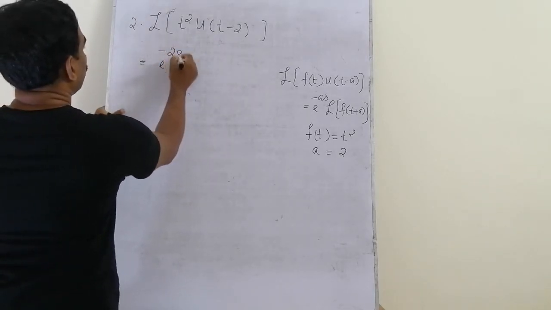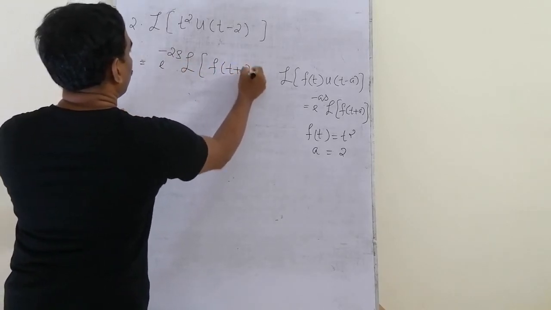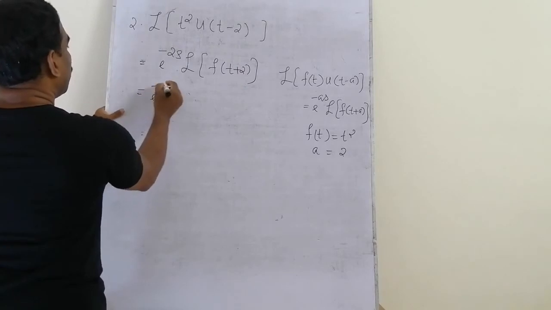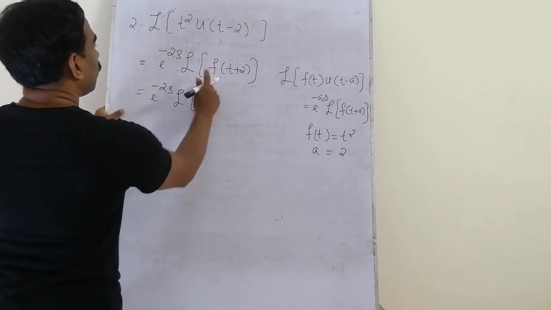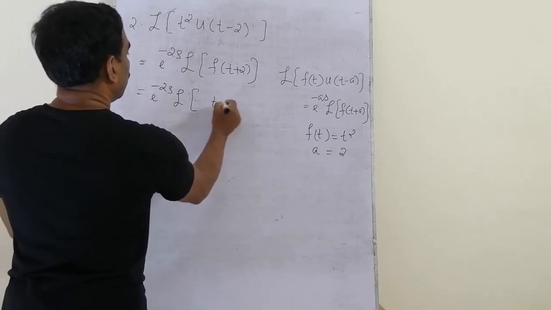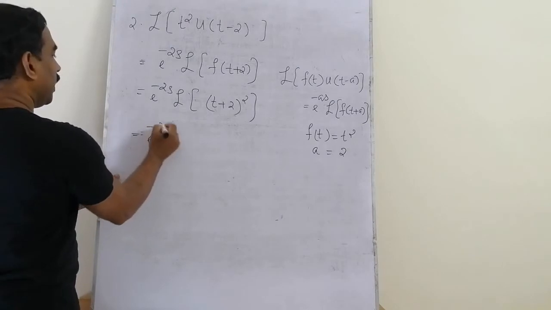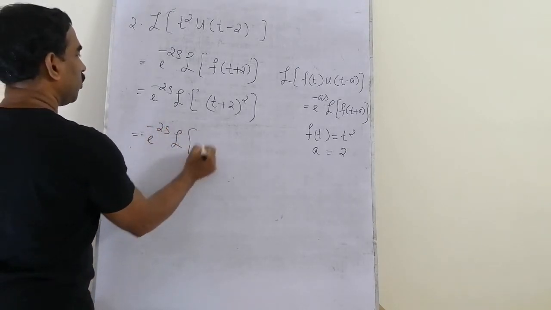Using this result, the Laplace transform of t^2 u(t - 2) is equal to e^(-as), that is e^(-2s), into the Laplace transform of f(t + 2). Here f(t) is equal to t^2, so f(t + 2) is (t + 2)^2. This equals e^(-2s) into the Laplace transform of (t + 2)^2.